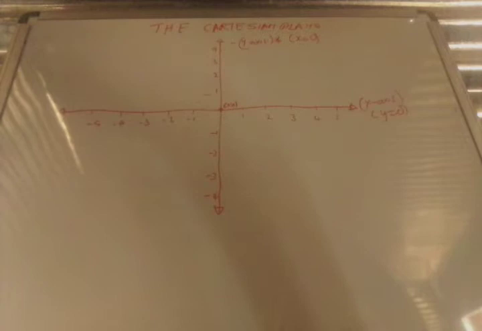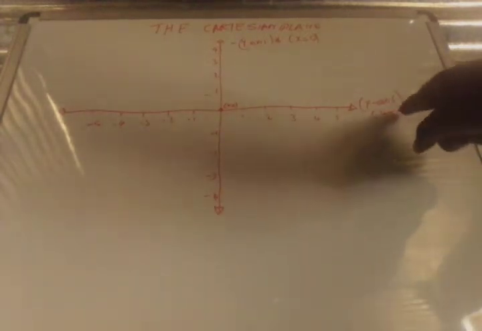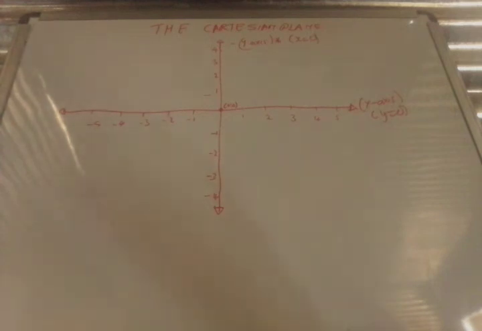That's why we call the x-axis the line y equals 0, because on the x-axis at any point, y will be 0. So the equation of the x-axis is y equals 0.